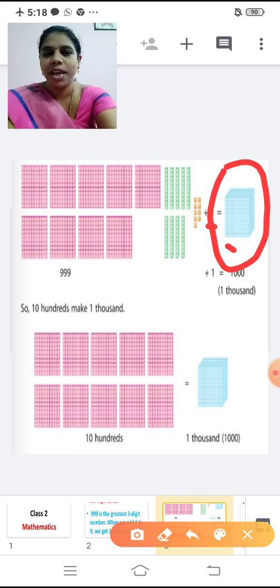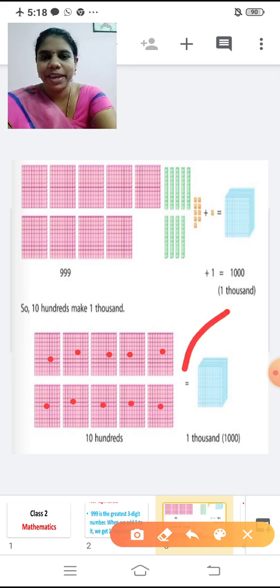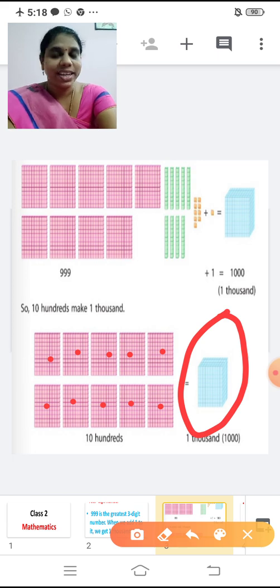This blue block is called 1000. Similarly, 10 hundreds: 1, 2, 3, 4, 5, 6, 7, 8, 9, 10. 10 hundreds makes 1000.